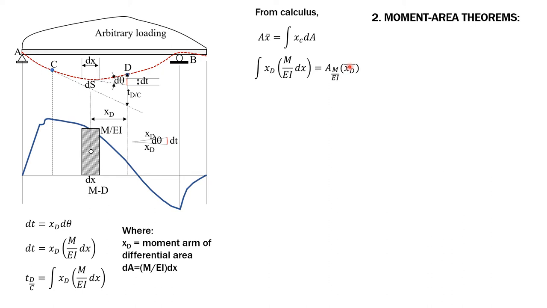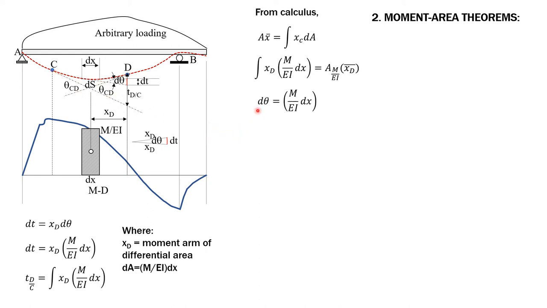And this x̄d here is the distance of the centroid of the area under the M over EI diagram with respect to point D. So particularly, we will call this area under the M over EI diagram, let's color that with green, and that is actually equal to the angle between the tangents at C and D, this theta CD here.